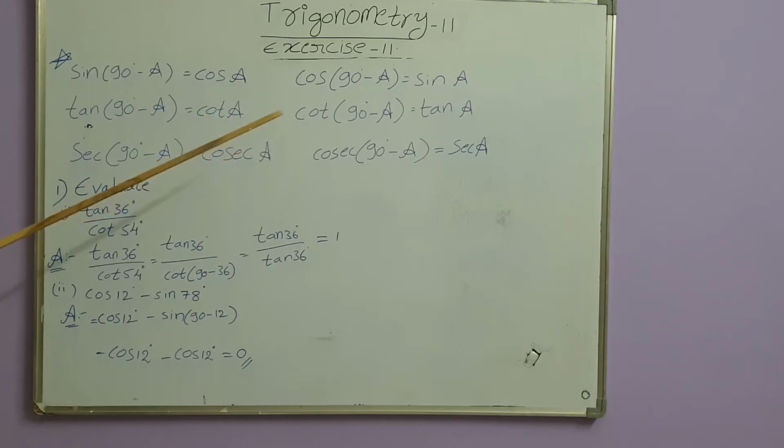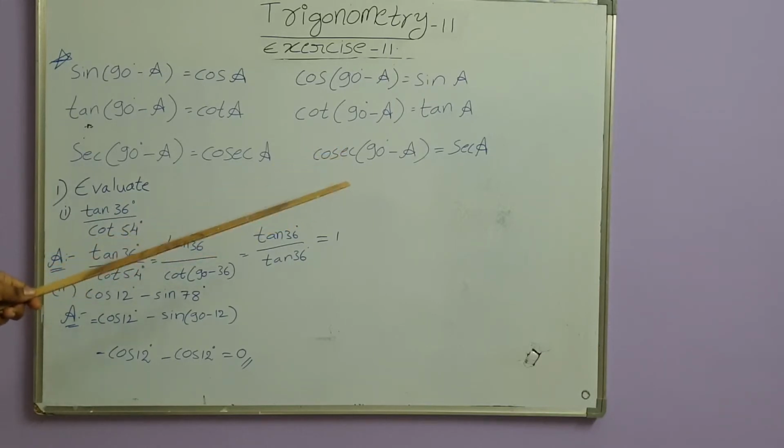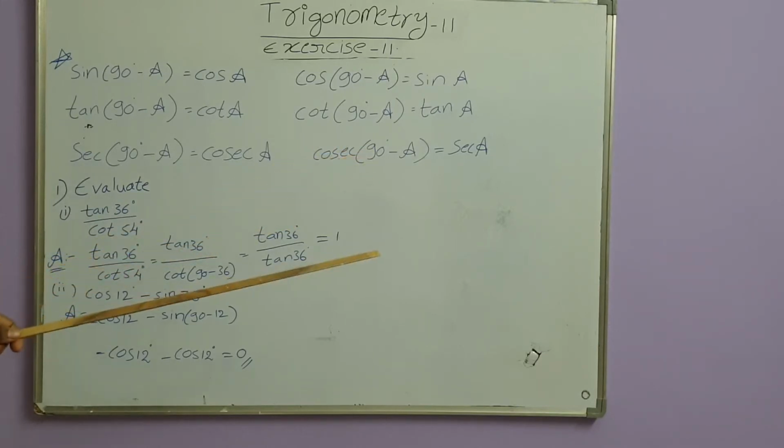And cosec(90 degrees minus a) is equal to sec a. Remember these formulas.